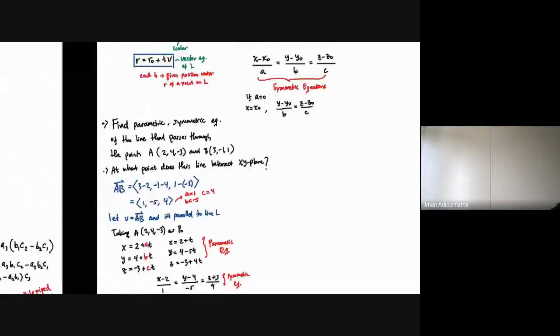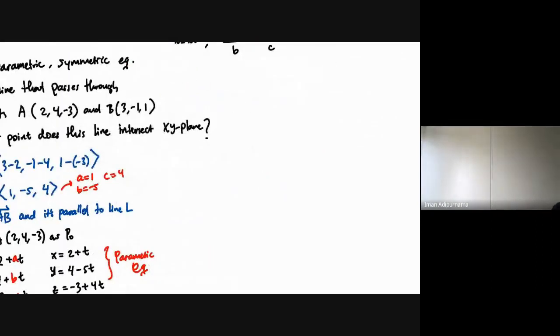And then how do we find the intersection with the xy plane? If you are seeing the 3 dimensions, this is the plane, right?